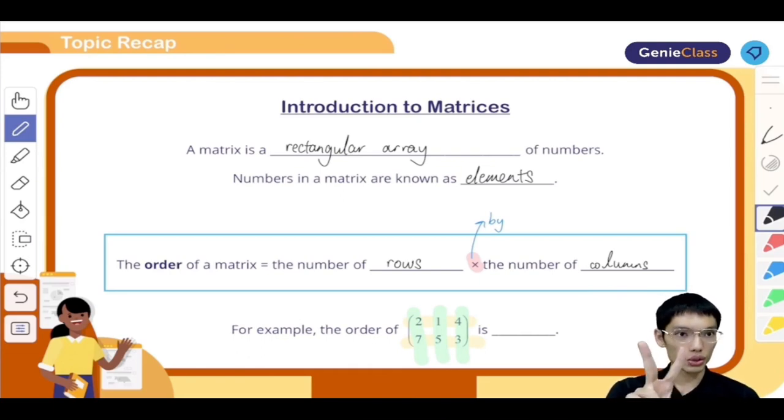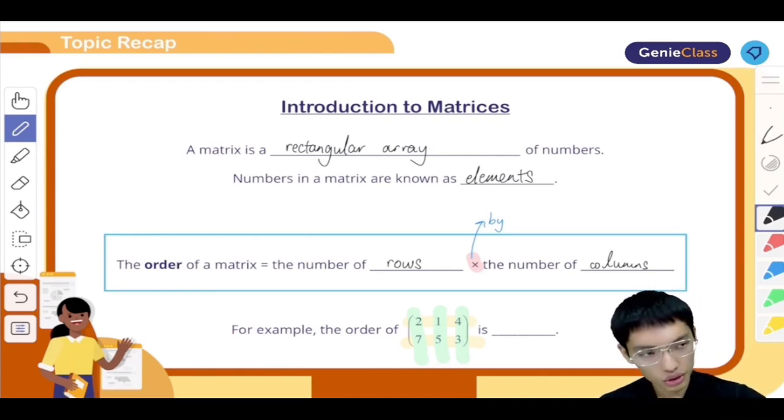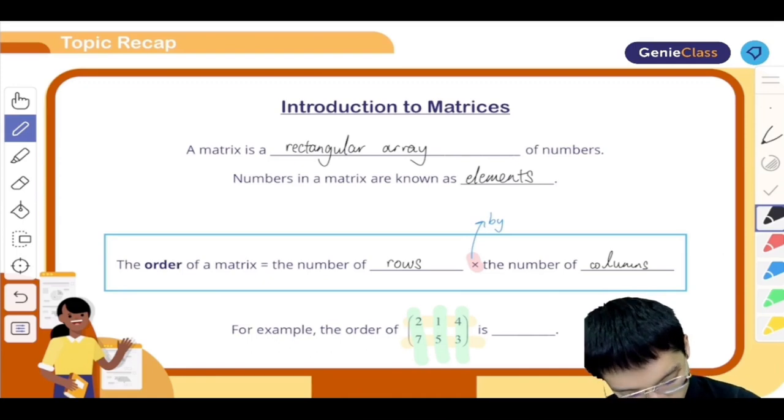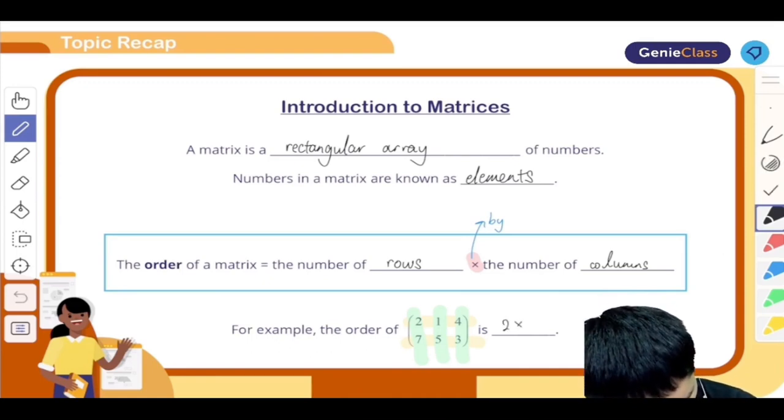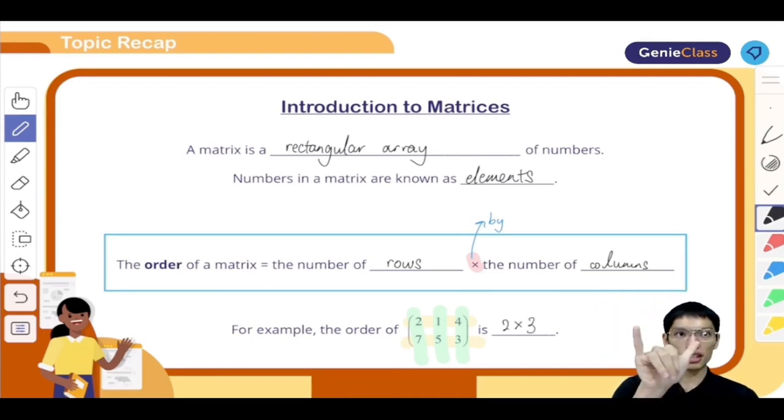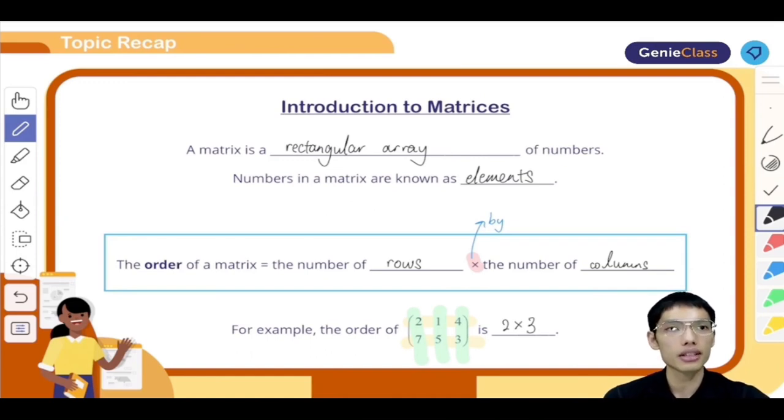So there are 2 rows, 3 columns, and so what's the order? All right, very good. You realize 2 rows and 3 columns, that's where I have my order to be 2 by 3. Do not write 6. The order is not 6. In fact, we write it to be 2 by 3. That's the order we write it in.